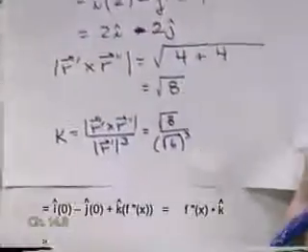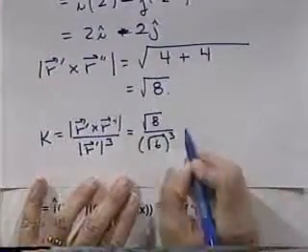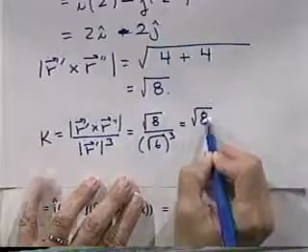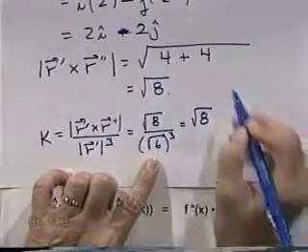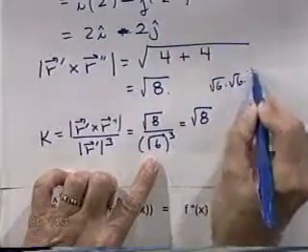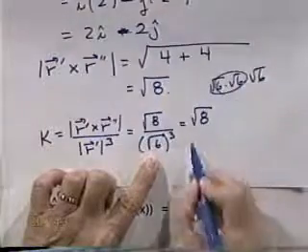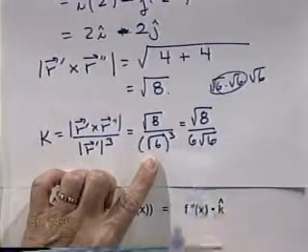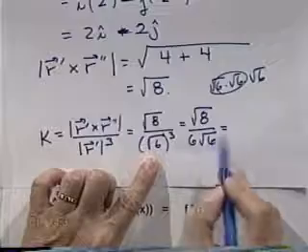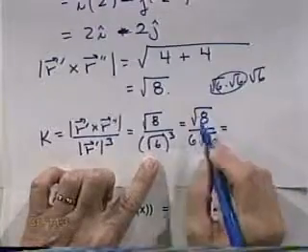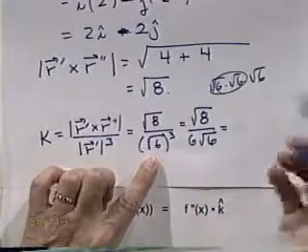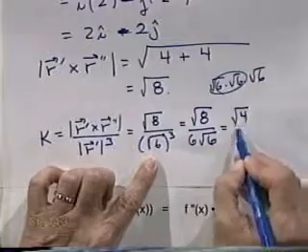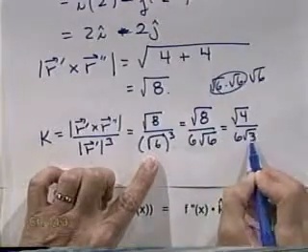Now most of you might say, that's fine, Mrs. Strocko, but let's clean it up a little bit. The square root of 6 cubed is the square root of 6 times the square root of 6 times the square root of 6, which gives you 6 root 6. We can cancel a pair of 2's here, because when both are in the radical, you can cancel. If they're both out of the radical, you cancel. That gives me the square root of 4 over 6 square root of 3.